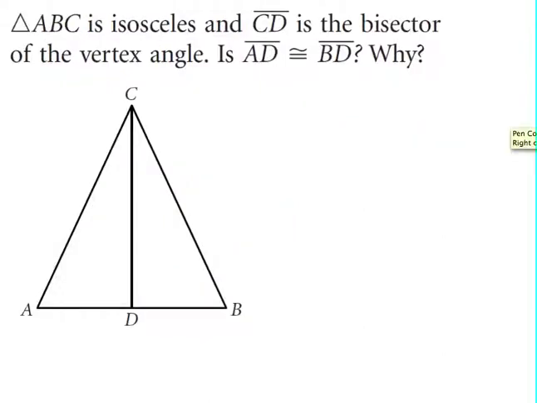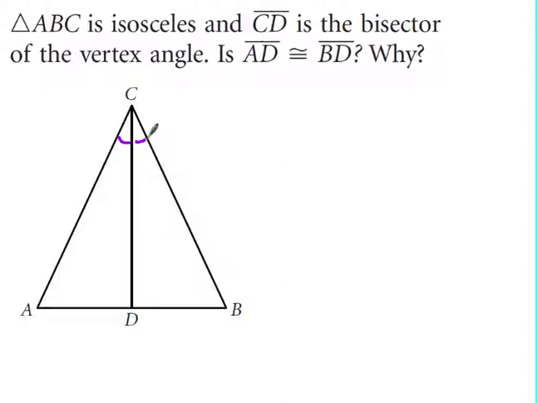Triangle ABC is isosceles. Isosceles means what? Two sides are the same, which also means that two angles are the same. And CD is the bisector of the vertex angle. Vertex angle is what? The top one right here. So if it's the bisector, that means those are the same.